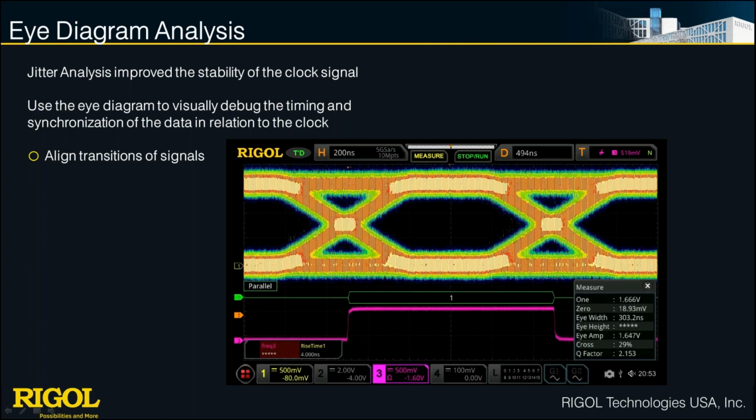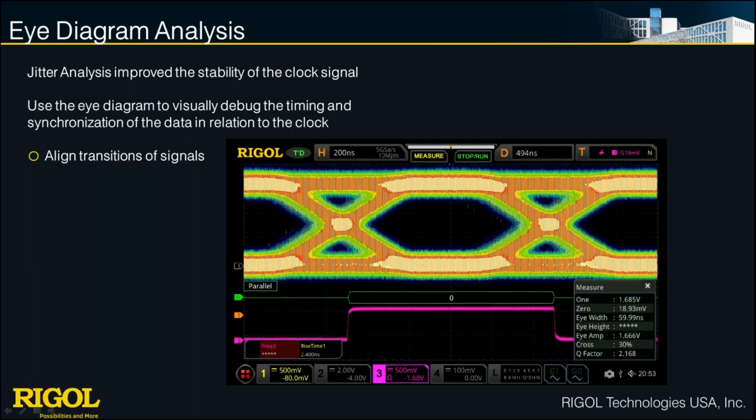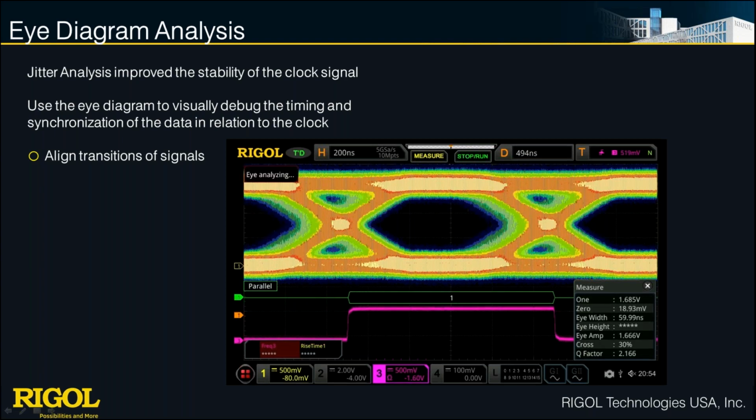So as we can see, there's a little video sequence here starting. This is a synchronization issue where we're using the eye diagram to visually debug timing and synchronization. And as you can see, the data signal is shifting left versus the clock over time. As we watch this, we'll see the eye diagram start to phase over and start to widen those centers.